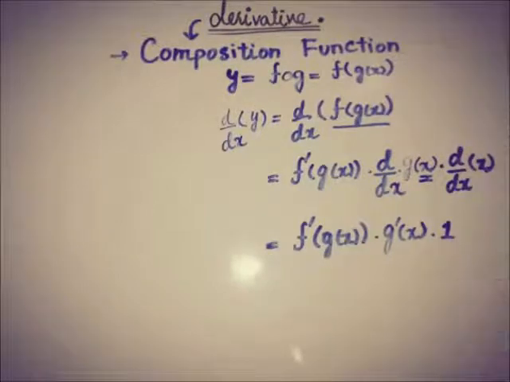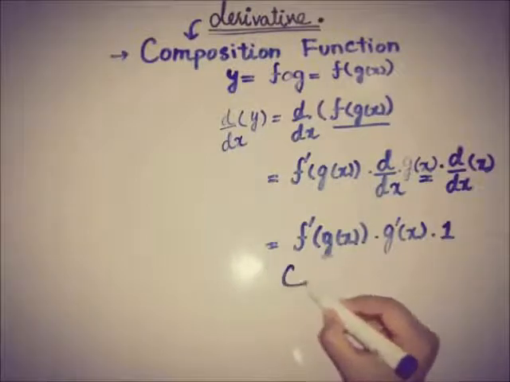This is the base method of finding the rate of change of all the functions, whether it is a composition function or a polynomial or quotient or any other function. But we will use a rule here that is known as the chain rule.